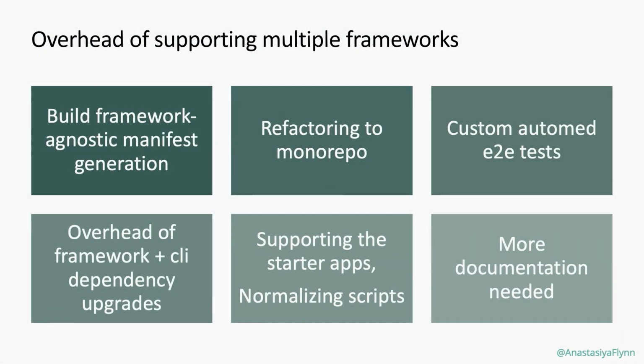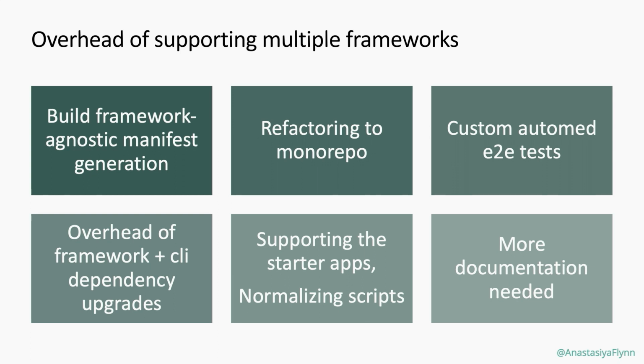So in summary, supporting multiple frameworks comes with a lot of overhead. The manifest generation feature that I showed started out being totally automatic. When we were just working with React, we were doing that all by just introspecting your components, looking at the React validation, and generating that based on your components.